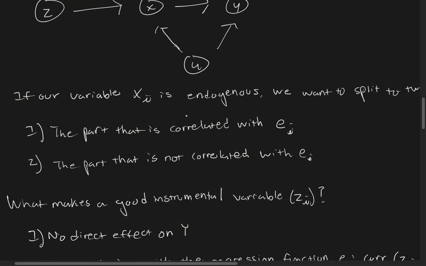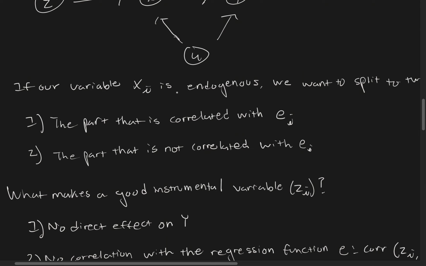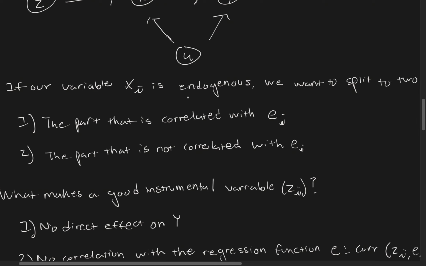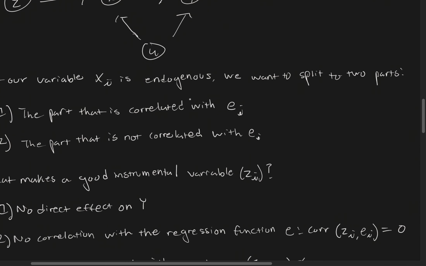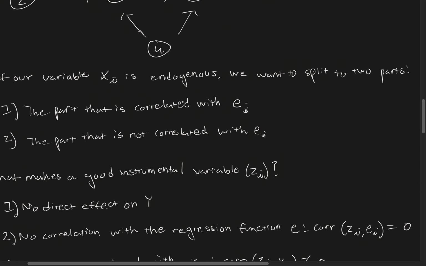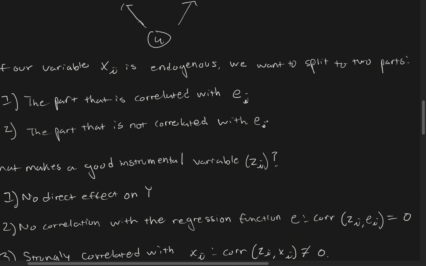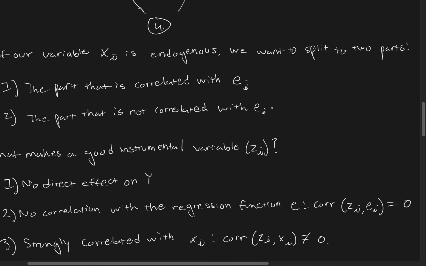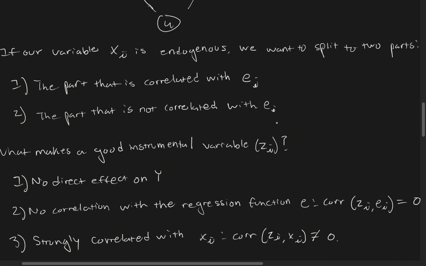If our X variable is endogenous, ideally we want to split that into two parts: the part that is correlated with the error, the part that makes it endogenous, and the part that's not correlated, the part that's exogenous.